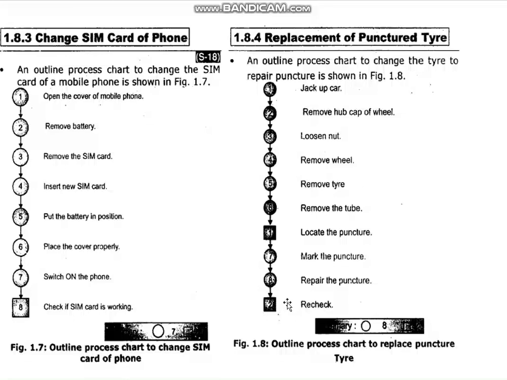In the water you check whether any air leakage is there. So there are two inspections here. Now how many operations? 1 2 3 4 5 6 7 8 operations. So circles 8 and squares 2. This is how the outline process charts are drawn.